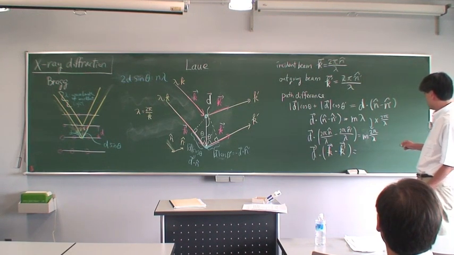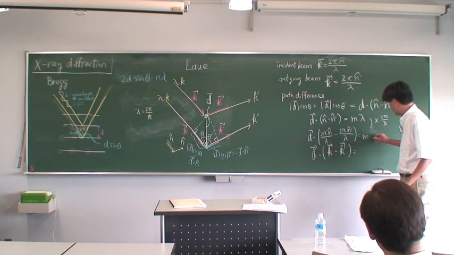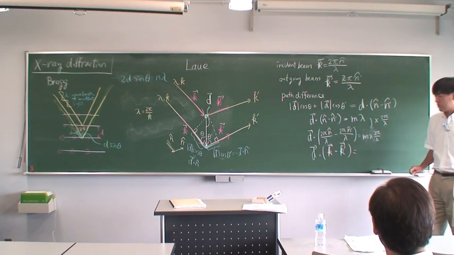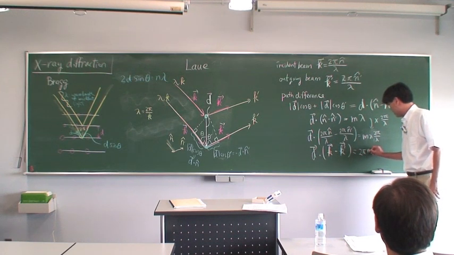Something is missing. Oh, that's right. This was 2 pi m lambda over lambda, so 2 pi m. Yeah.